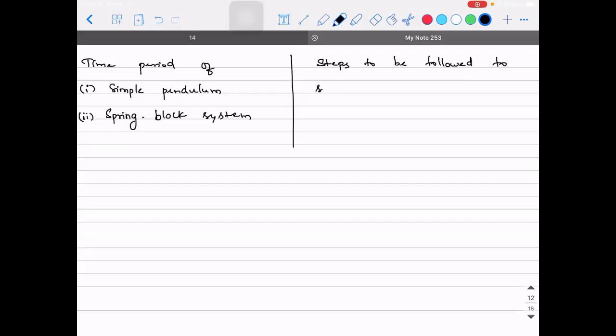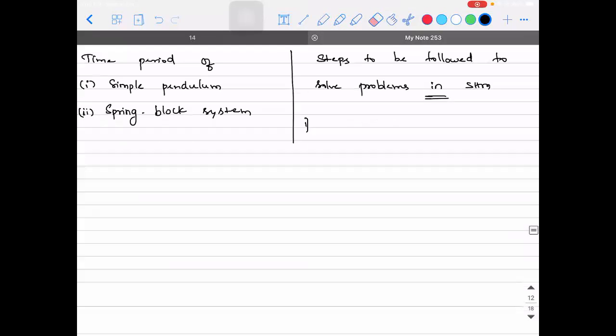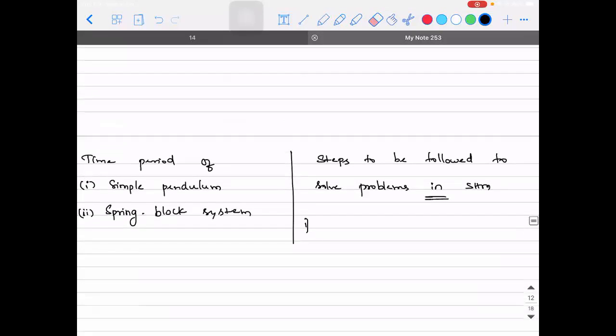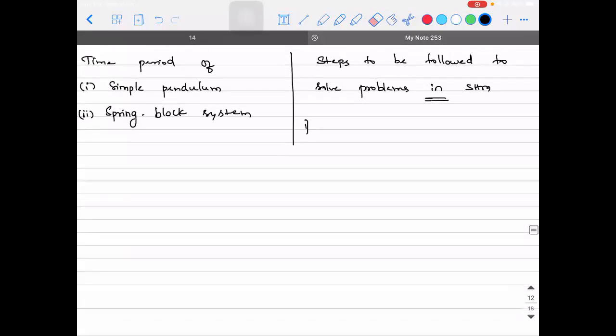Steps to be followed to solve problems in SHM. First is draw a free body diagram.